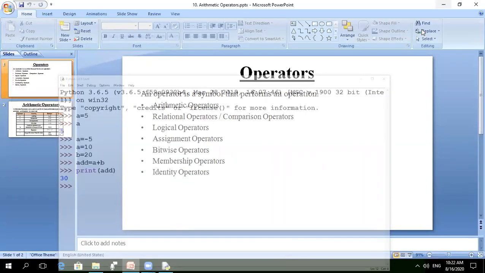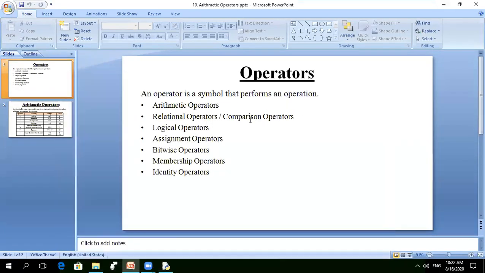So see, we have lots of operators like arithmetic operator and relational operator. Relational operators, in other words, we say comparison operators, because here we can compare two or more operands. Then logical operators, which you know very well. We heard of logical operators in Boolean algebra also, like and, or, not.